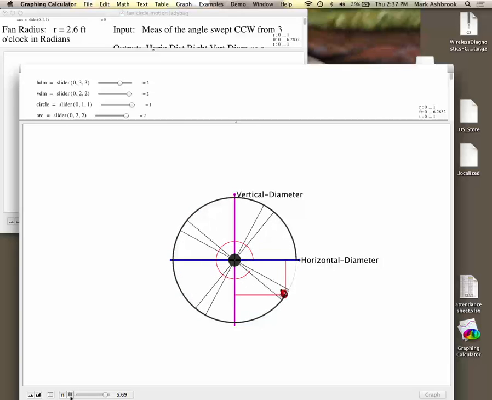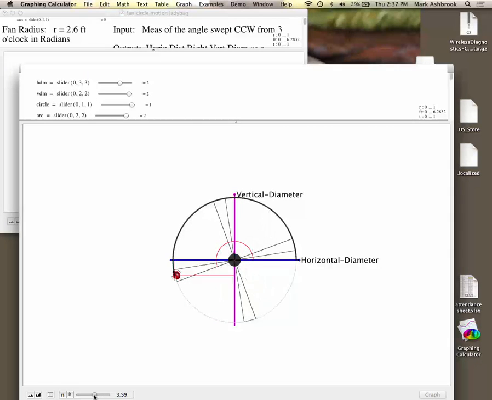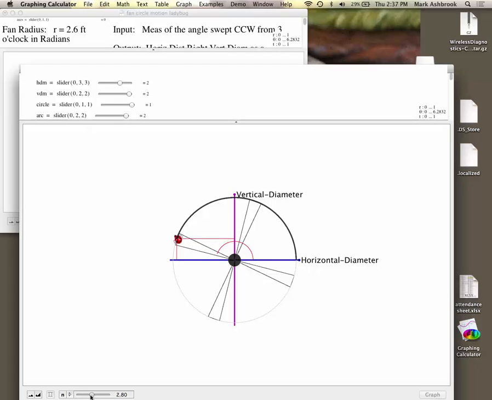So what I just said was maybe something like this. Unfortunately, those two numbers don't work together, but something like this. So how many radius lengths are we above the horizontal diameter?